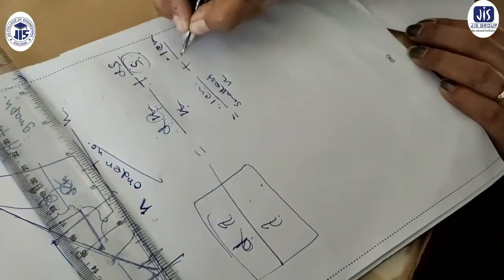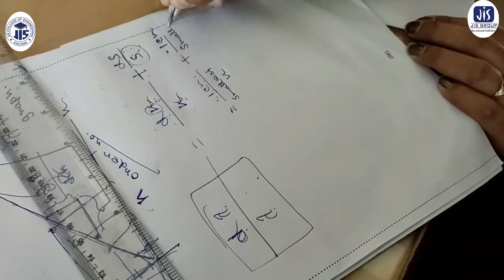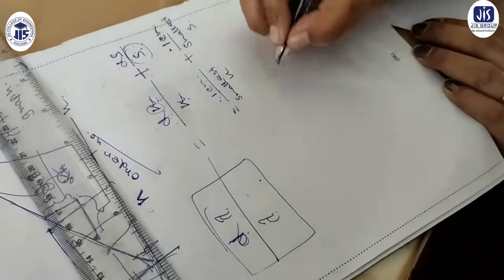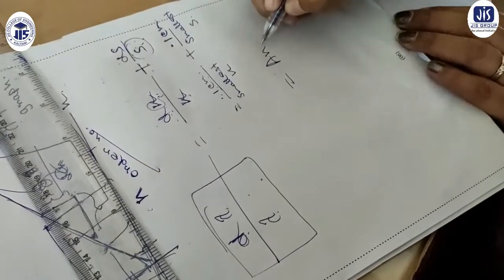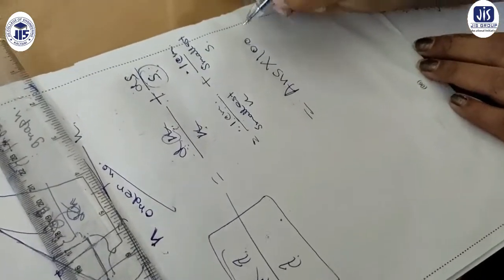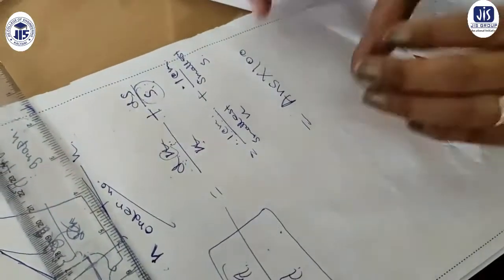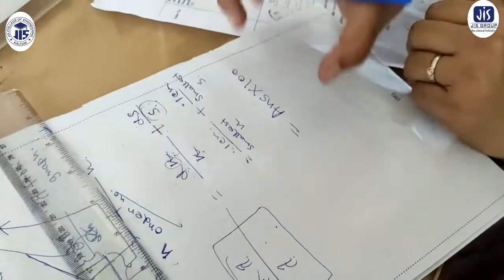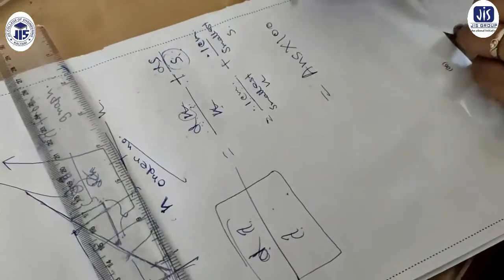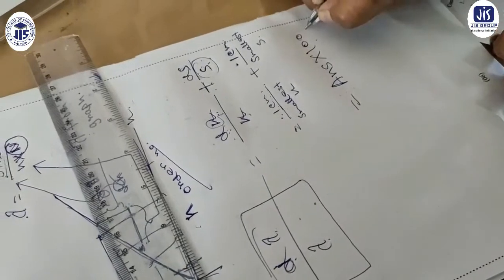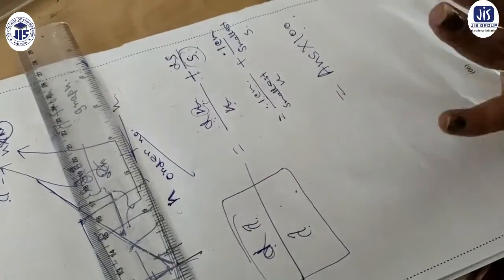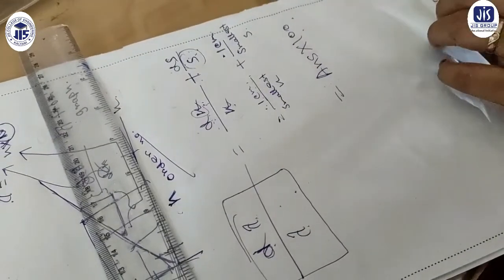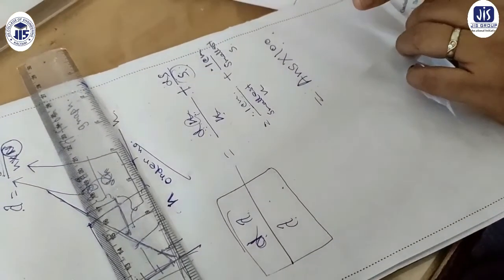Smallest x and smallest s. What will be my answer? The answer will be multiplied with 100 because we need to calculate in percentage. So that's all. This is the total experiment of laser diffraction. Thank you.